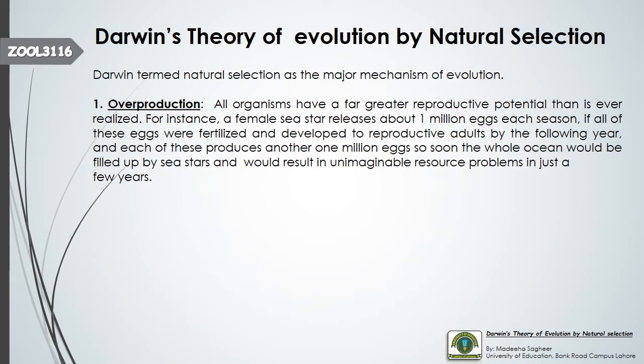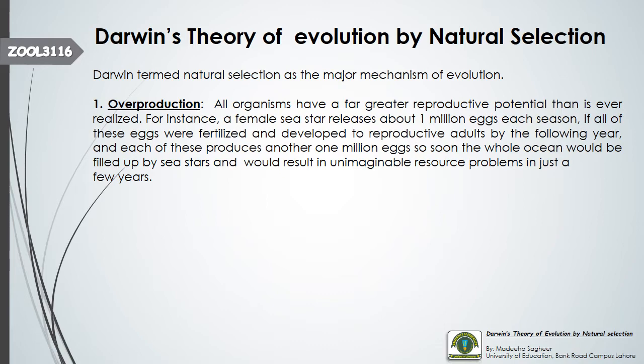Evolution by natural selection. Well, Darwin termed natural selection as the major mechanism of evolution. The further points which this theory has: number one is overproduction. Well, all organisms have much more potential to reproduce, right? So, for instance, if we want to quote an example here, let's take the example of the female sea star.